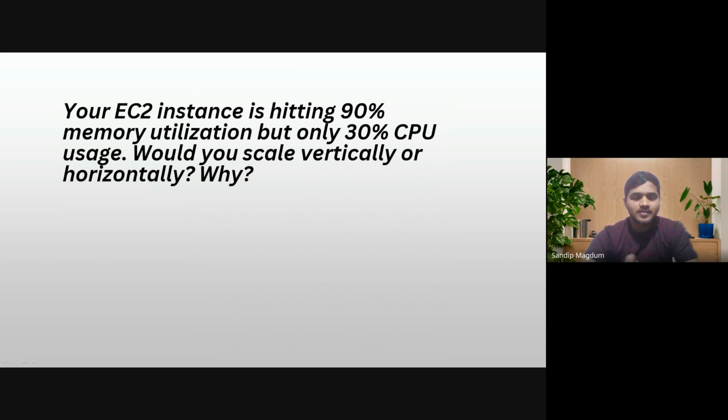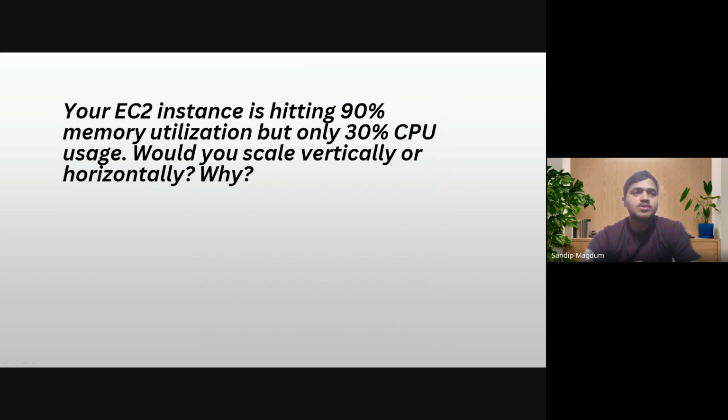Okay, so in this scenario, the memory utilization is 90%. So the bottleneck is in the memory, and CPU utilization is 30%, so CPU is underutilized. So I would prefer the choice of vertical scaling. It means we can add a bigger instance with more memory, because the bottleneck is memory, not CPU.